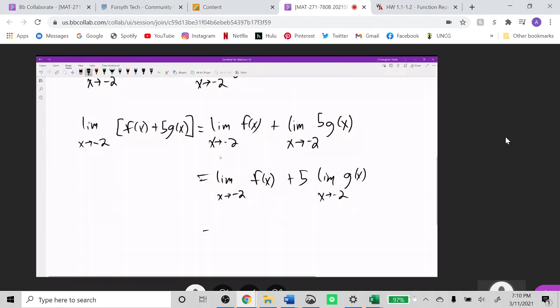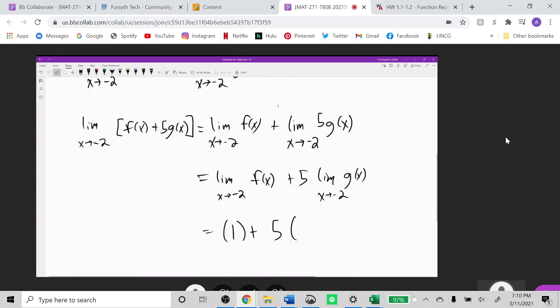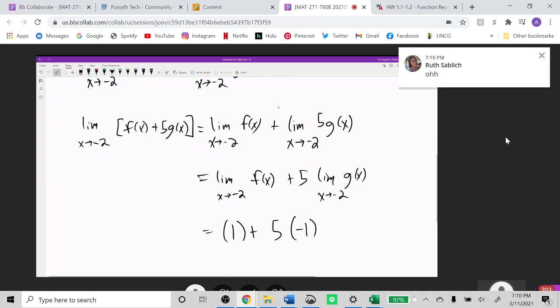Well, the limit of f of x as x approaches -2 was 1, plus 5 times the limit of g of x as x approaches -2, which was -1. And this is going to be -4.